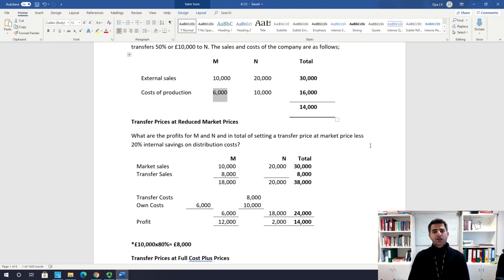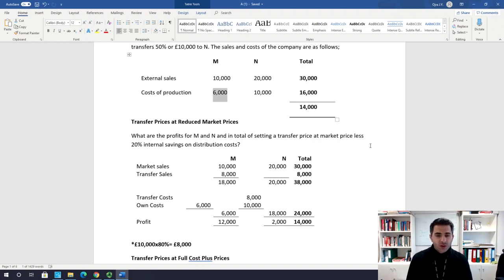So what does that mean? If we divide the £6,000 by 2, that's £3,000 that goes internally and £3,000 that goes externally. So now we talk about internally. The cost internally for the £10,000 sales is £3,000.